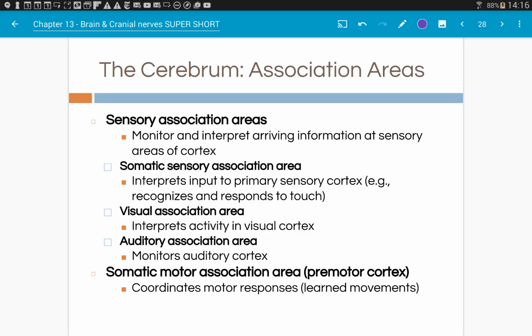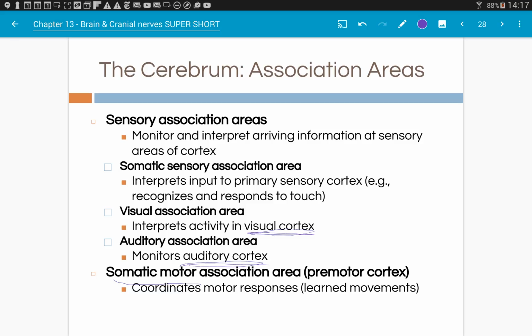Visual association area. This is from the visual cortex, like we talked about on the previous slide. Auditory, same, it's part of the processing information from the auditory cortex. And then if we talk about the somatic motor association area, this monitors and coordinates and helps interpret motor responses to a stimulus.